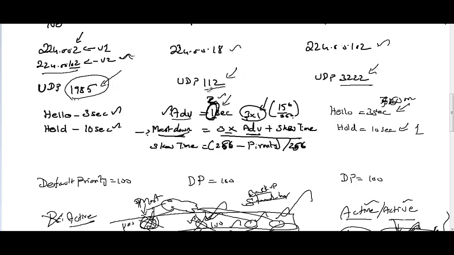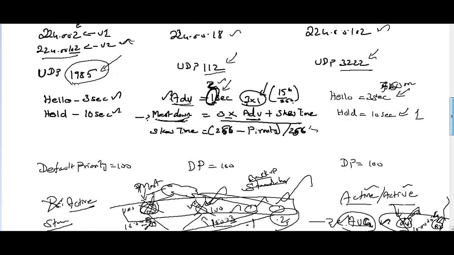Even in VRRP you can have advertised time in milliseconds if you want. But in VRRP you are not allowed to change the master downtime, which is the hold time for VRRP. That will be dynamically decided based on this formula.